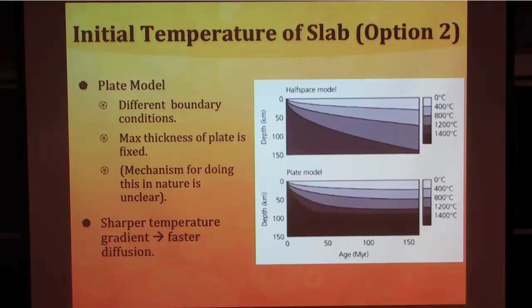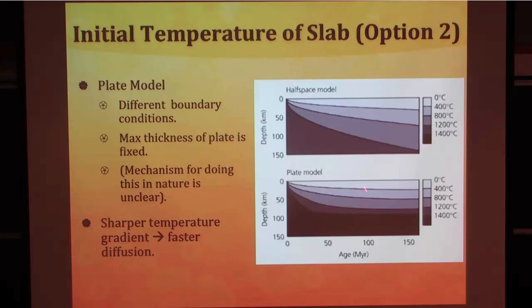This is based on observations, which are also controversial, that suggest the surface topography of the plates stops deepening at about 80 million years old. The bathymetry of the oceans flattens out, and that could be because the plate has reached a maximum thickness and is no longer sinking isostatically.